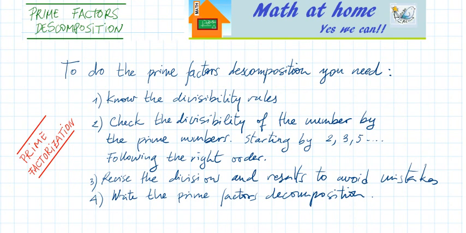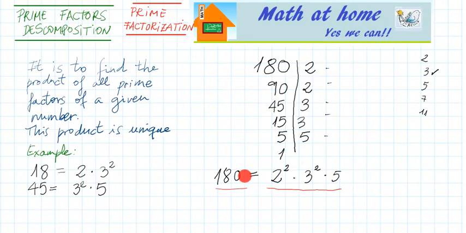So you need to know also the prime numbers. Revise the divisions and results to avoid mistakes. And finally, write the prime factors decomposition as we have done here. This is the result, and this is what you have to do.